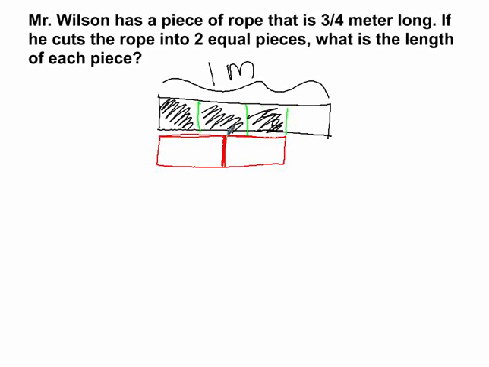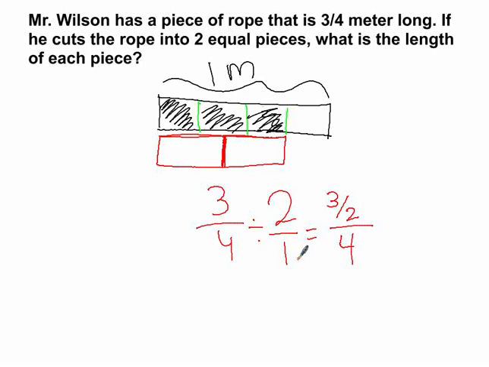So that's why it's good to have a bag full of strategies. Because what I'm saying is that if I'm taking 3/4 and I'm dividing it by 2, I'm going to call that 2 over 1. What I have is 3 divided by 2, 3 halves, and 4 divided by 1 is 4. Well, what does this tell us?